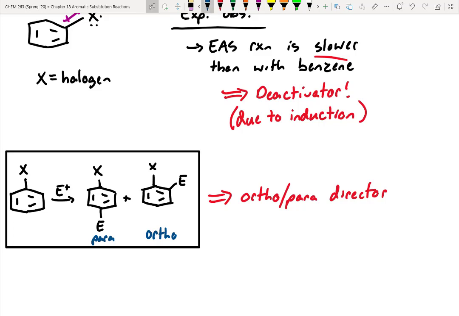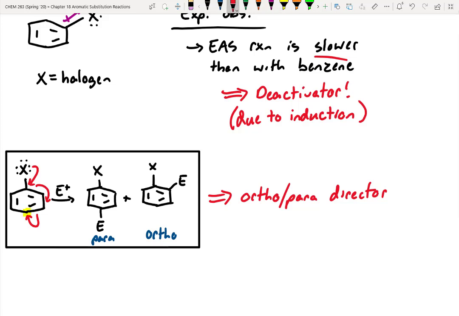Well, let's come up with an alternate theory. One theory that seems to make the most sense to me, at least, is that we have these electrons on the halogen that do have resonance and can dump electrons onto this ortho position. Or if we continue pushing those arrows, we can actually push everything down to the para position.